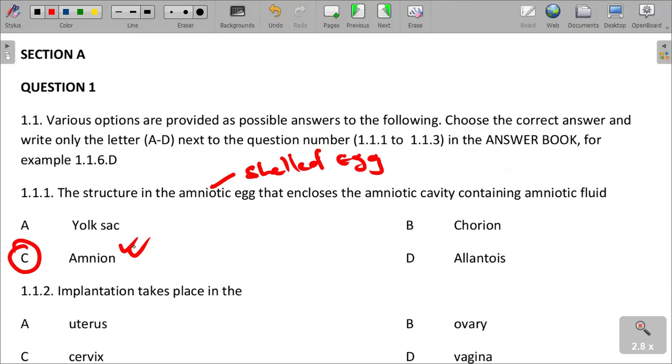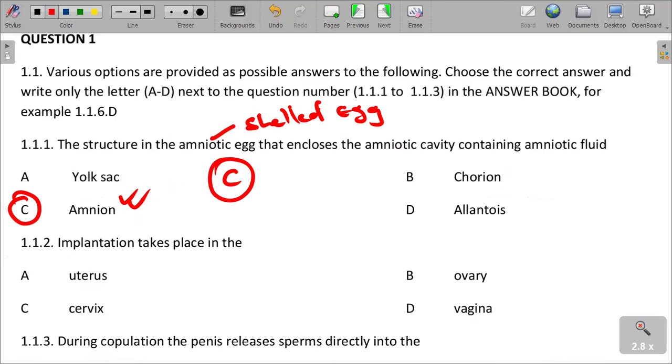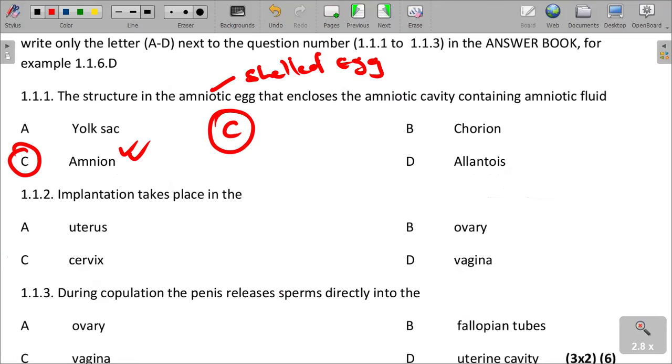We talk about the allantois, we talk about the chorion, but in terms of the amniotic egg, that structure that encloses the amniotic cavity is called the amnion. In mammals we call it the amniotic sac. That means the answer is C. We have a presentation on the structure of an amniotic egg, and we analyzed and reviewed it very clearly there. So please, let's check on that.